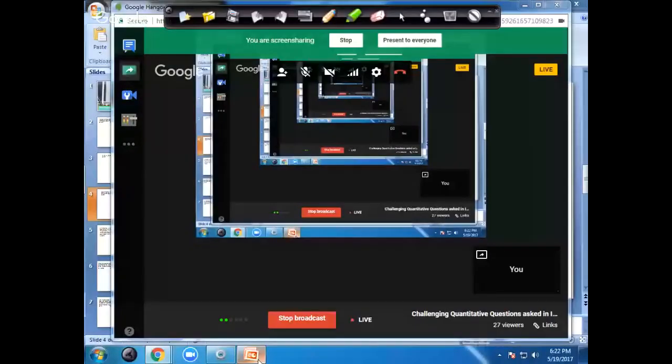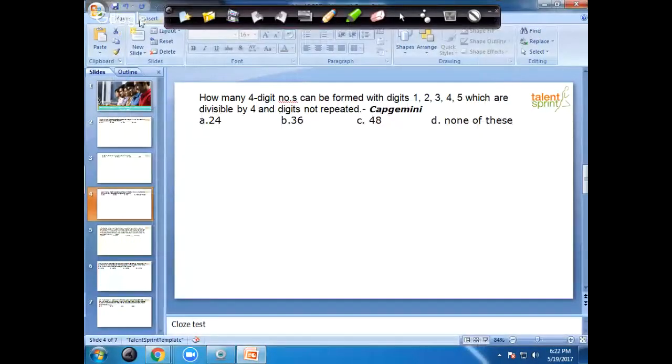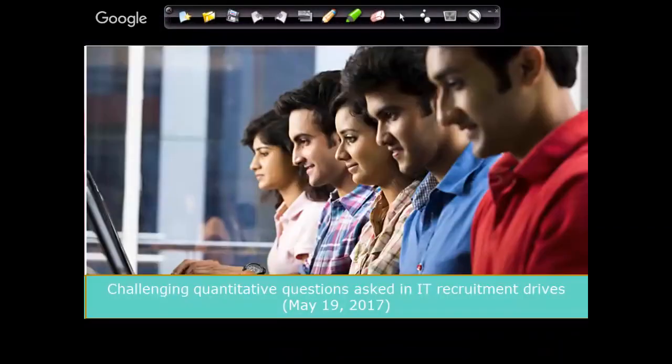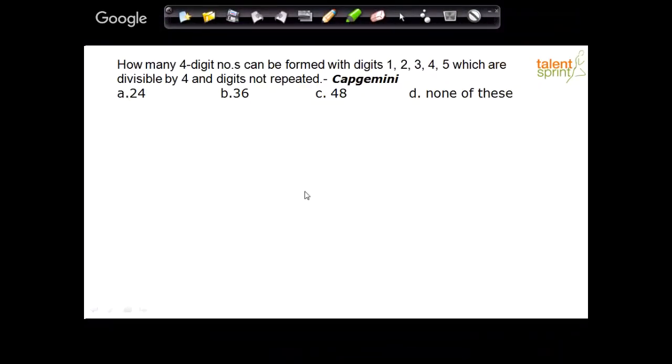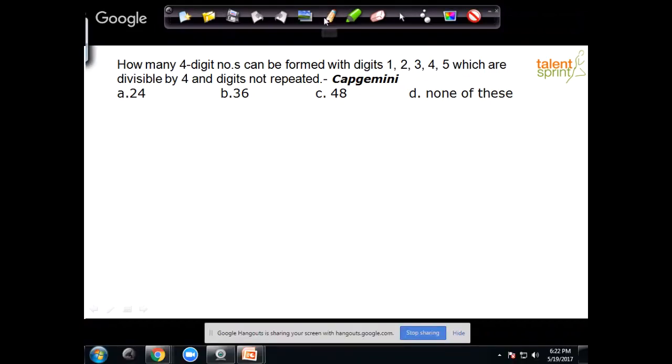Now, in this question, what are they asking? They are asking us how many numbers will be divisible by 4, right? So, as I said, 12, 24, 32, 52, right?